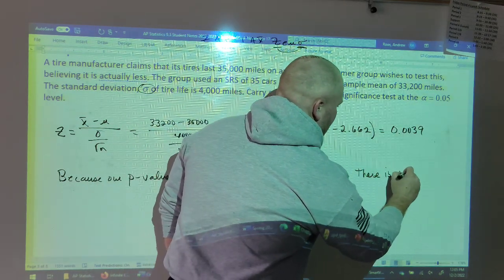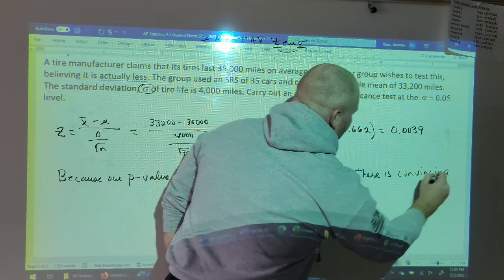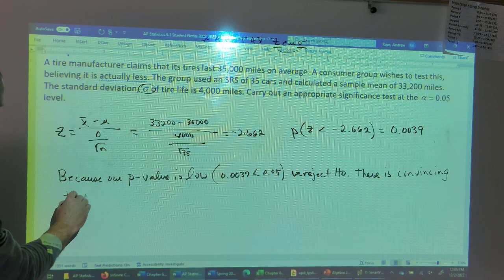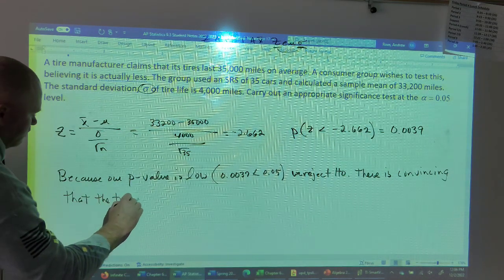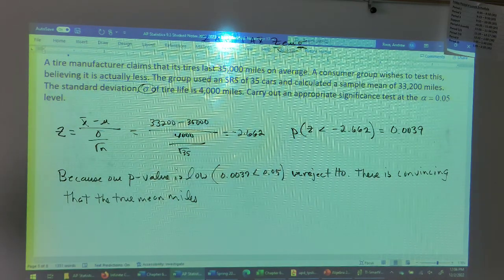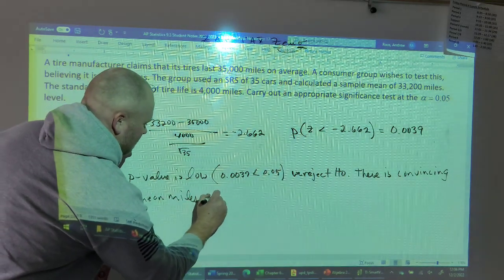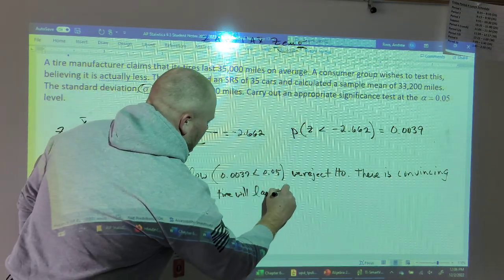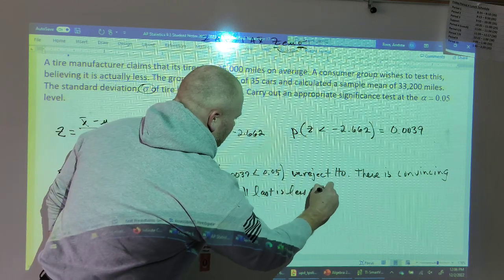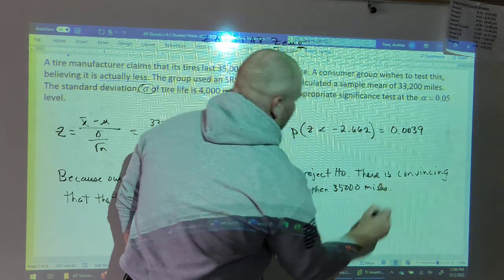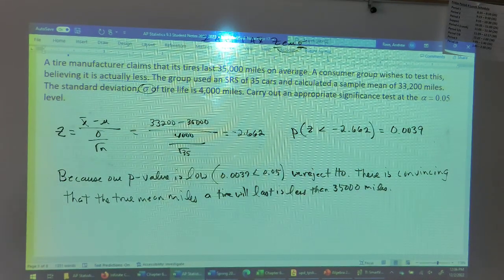So there is convincing evidence that the true mean miles a tire will last is less than 35,000 miles. Okay? All right, so that is the end of day one.